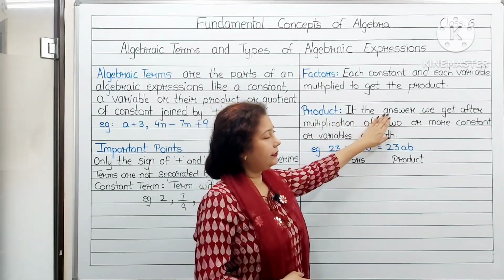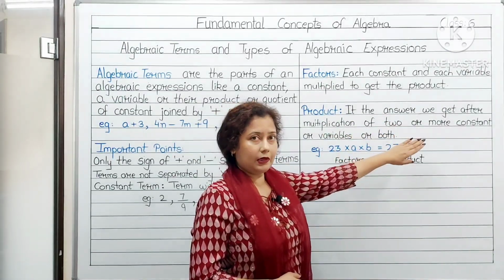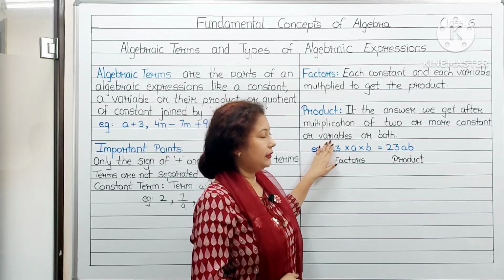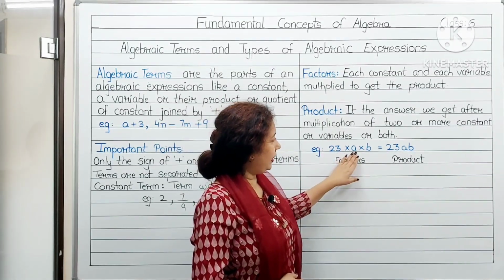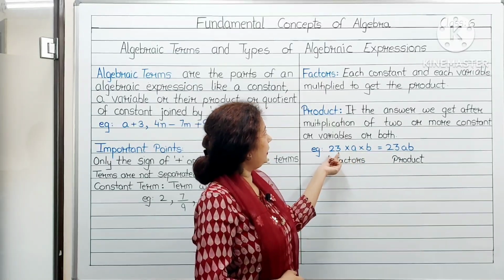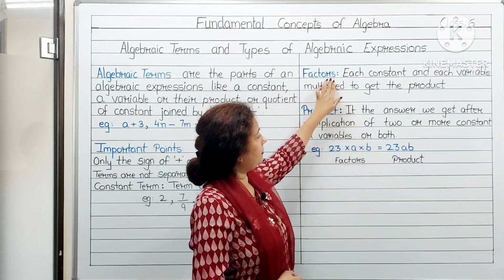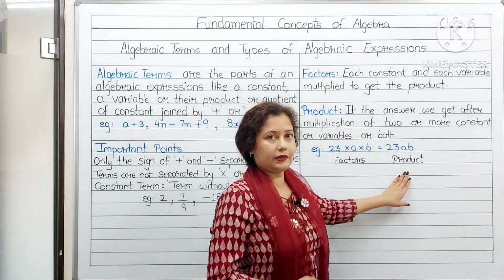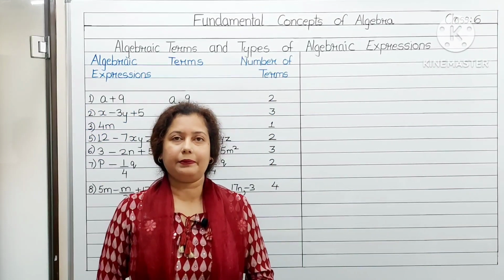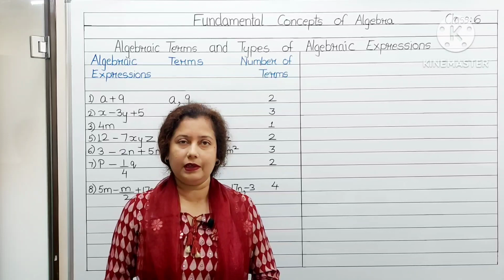It is the answer we get after multiplication of two or more constants or variables or both. For example, 23 into A into B. Here 23 is a factor, A is a factor, B is a factor. 23AB is a product.